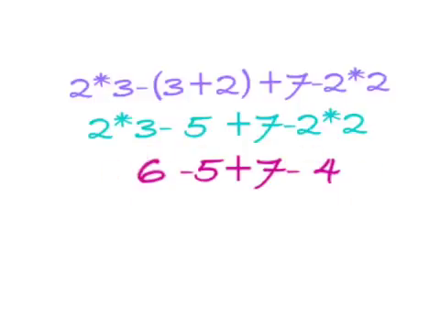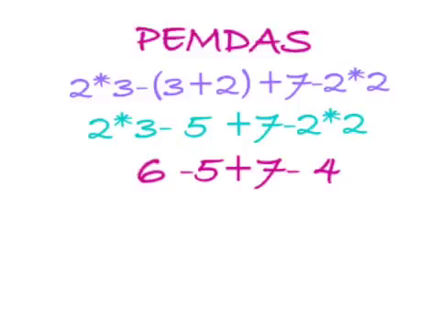Now I'm going to hand this over to Pixie. Alright, so now what we're going to do is 6 minus 5 plus 7 minus 4. Whoops, sorry, I meant 6 minus 5 plus 7 minus 4.